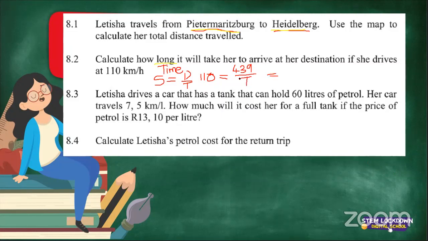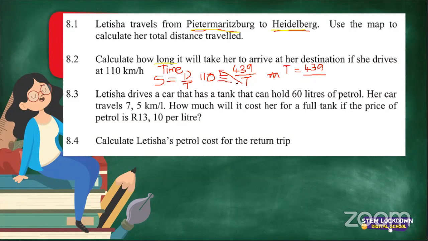So if you're solving for time, in this case, you need to make t the subject of the formula. Cross multiply. So if you cross multiply, your t will replace 110, so it will be t is equal to your distance, which is now 439, divided by your speed.